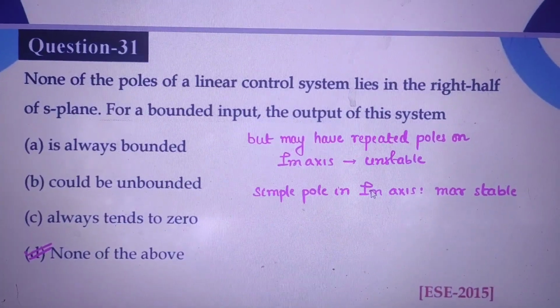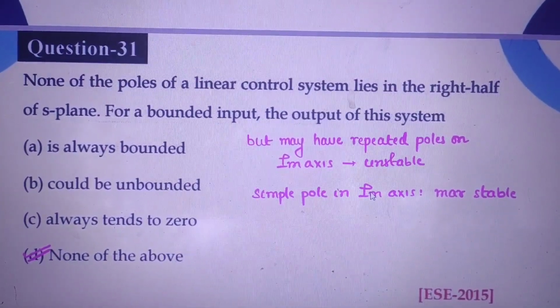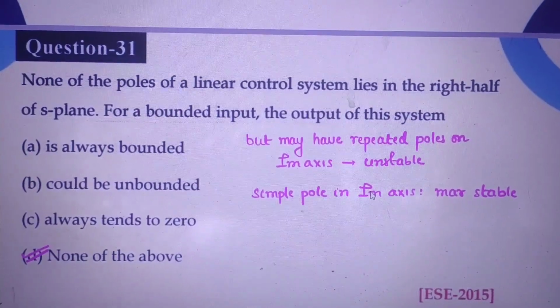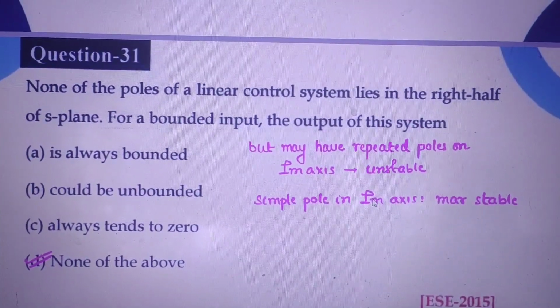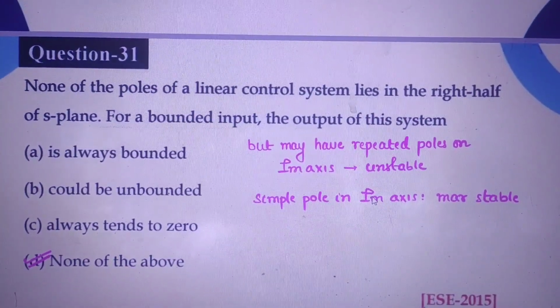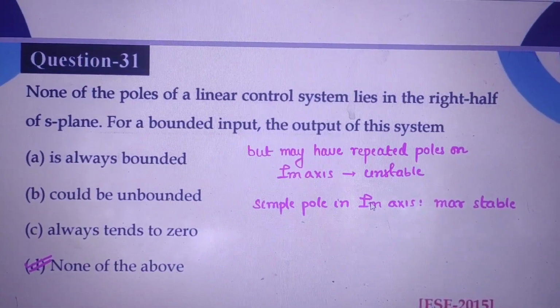If you have a simple pole on the imaginary axis, then it becomes marginally stable, and for bounded input the output could be bounded. But if you have repeated poles on the imaginary axis, for bounded input the output could be unbounded.